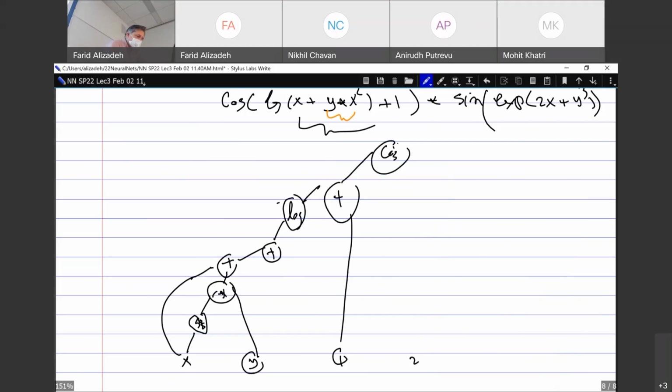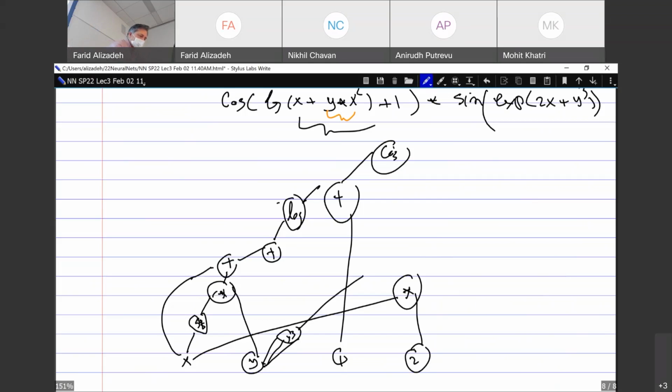And then I now need 2 and x again, multiplied to get 2x. Then I add y cubed, where y cubed is y times y times y, so you can have a ternary operation. So cubed, that's y cubed.